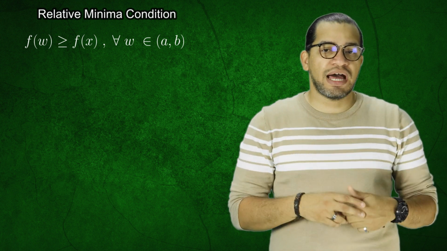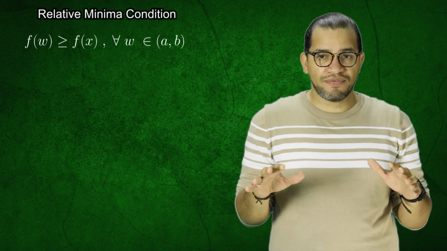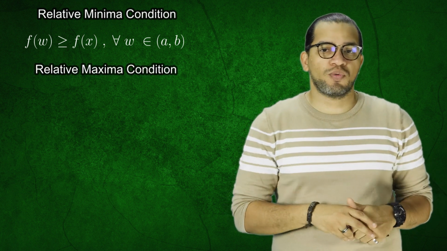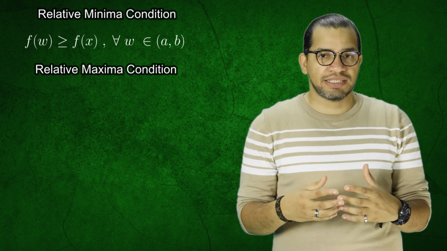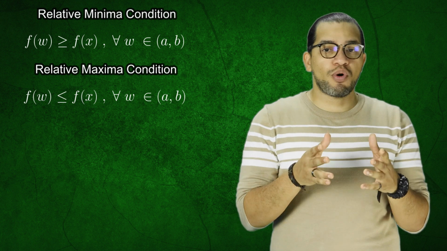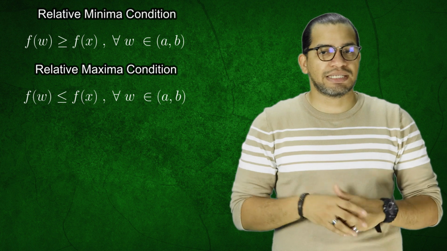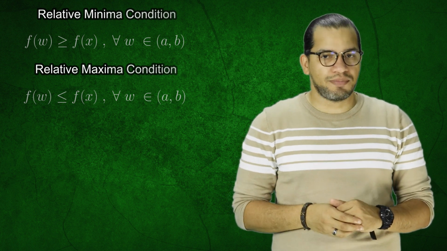If such a value (x, f(x)) is such that for any value w in the interval, f(x) is greater than or equal to f(w), then the point (x, f(x)) represents a relative maximum in the interval (a, b).